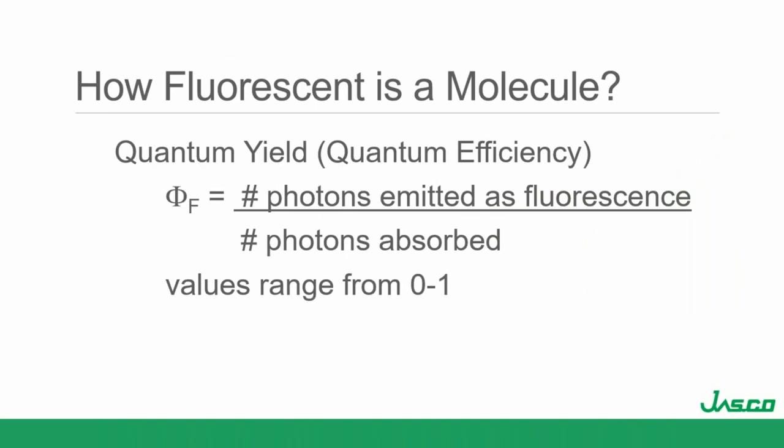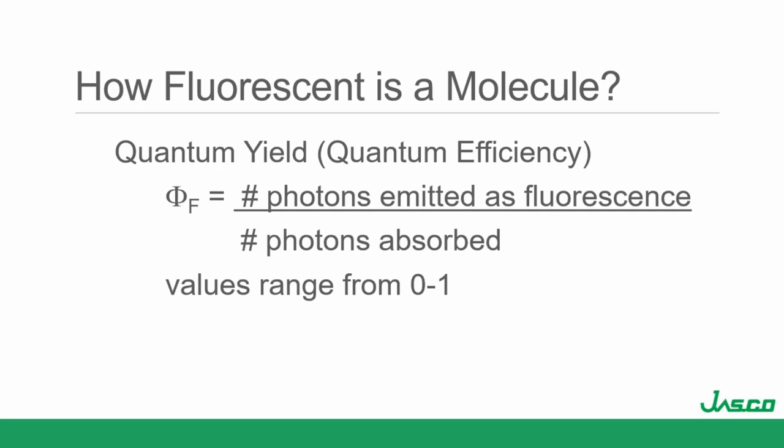So how do we determine how well a molecule fluoresces, right? We can quantitate that, and that's called the quantum yield or quantum efficiency. We can look at the number of photons emitted as fluorescence ratioed to the number of photons absorbed by the molecule, and that's going to give us a value in the range of 0 to 1, and numbers approaching 1 are going to be great fluorophores, right?